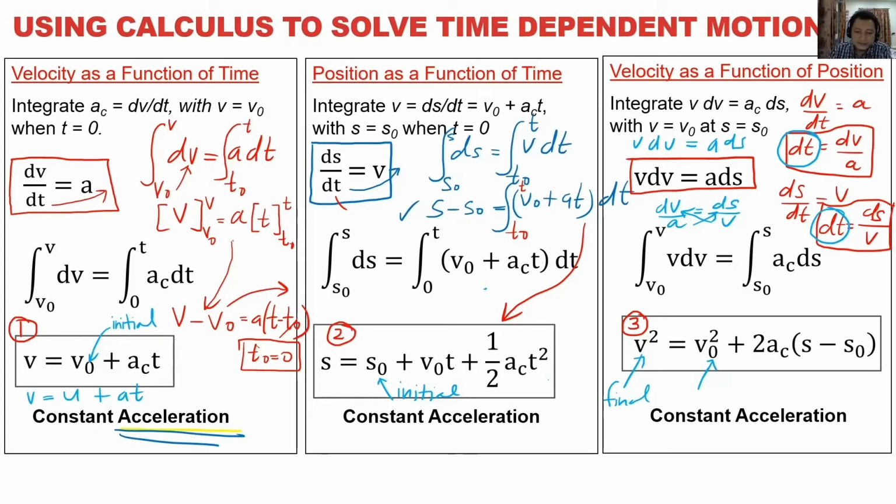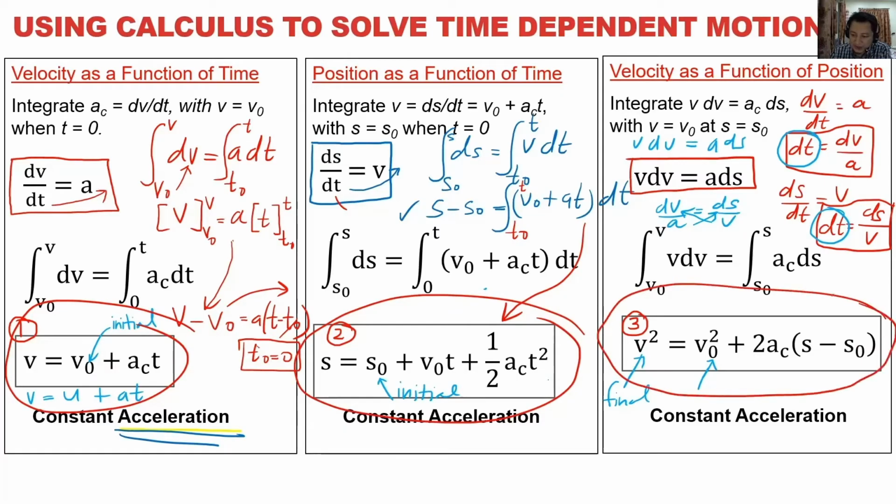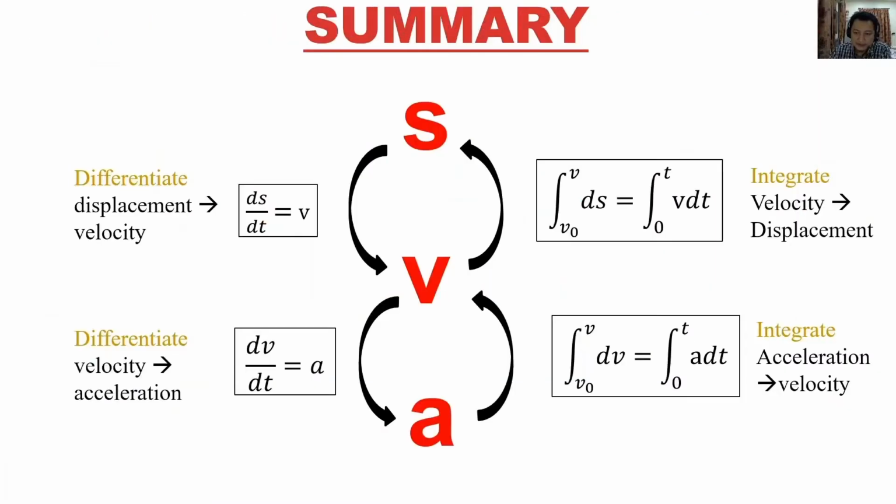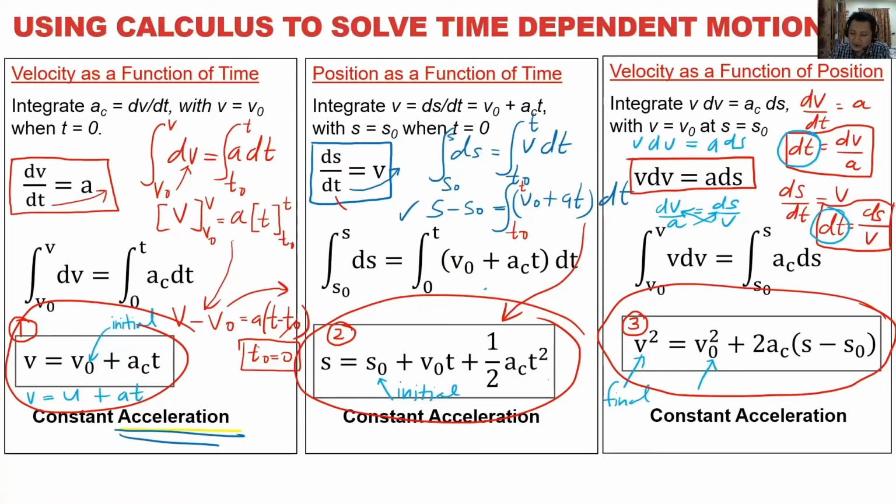Okay, so what's the conclusion here? The conclusion is that we have to remember these three formulas. This formula, and this formula. You have to remember them. If you don't remember them, you have to derive them on your own. So better you remember.